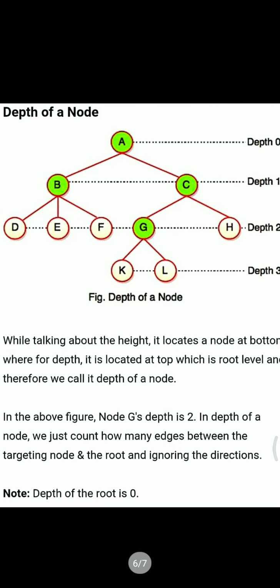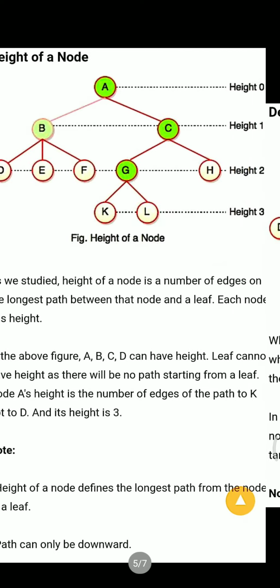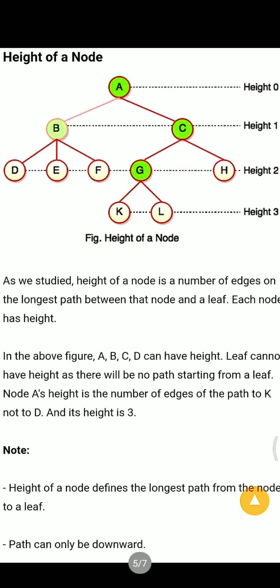So next we have the depth of a node. While the height locates a node at the bottom, for depth it is located at the top, which is the root level, and therefore we call it the depth of a node. In the above diagram, you could see that node G's depth is 2. Why? Because when you take the height of a node, it should be towards downwards.